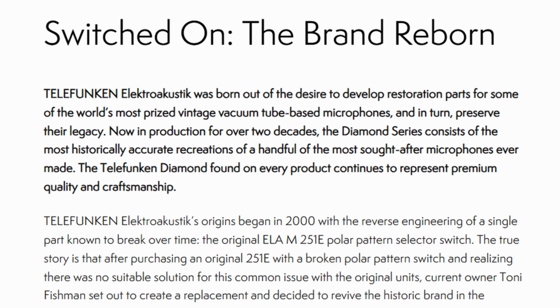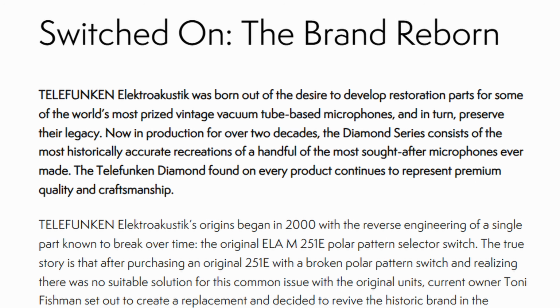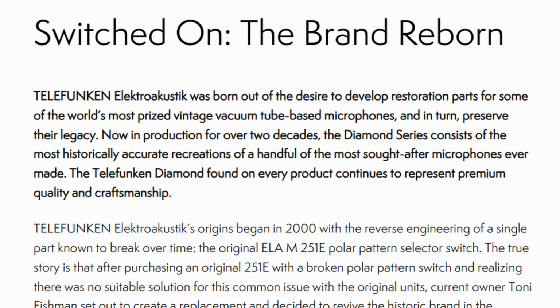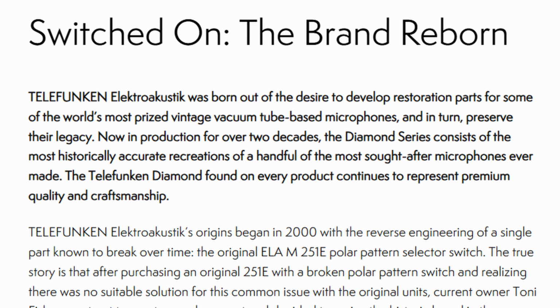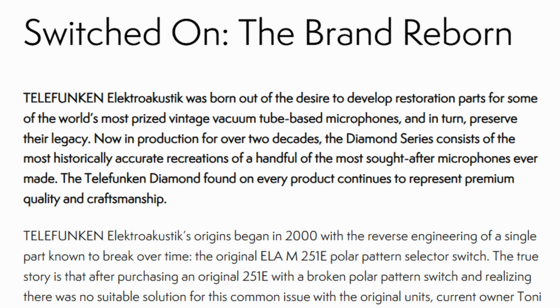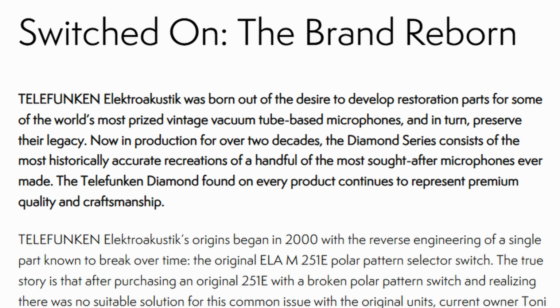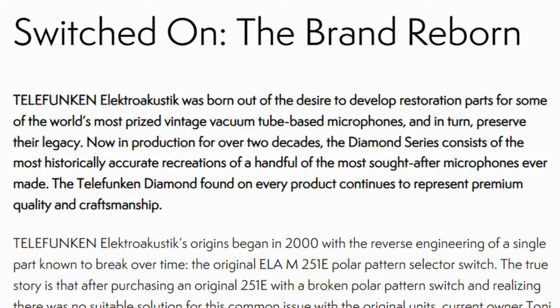It says Telefunken Electroacoustic was born out of the desire to develop restoration parts for some of the world's most prized vintage vacuum tube based microphones, and in turn preserve their legacy. Now in production for over 2 decades, the Diamond series consists of the most historically accurate recreations of a handful of the most sought after microphones ever made. The Telefunken diamond found on every product continues to represent premium quality and craftsmanship. So basically, it's a microphone making company that tries to recreate some of the vintage old style microphones.